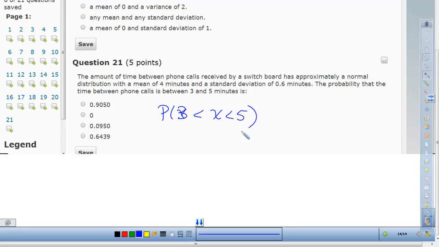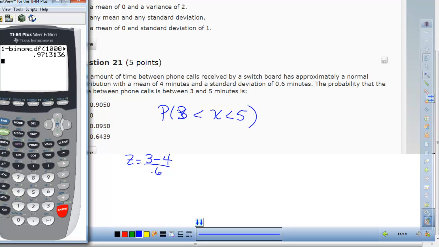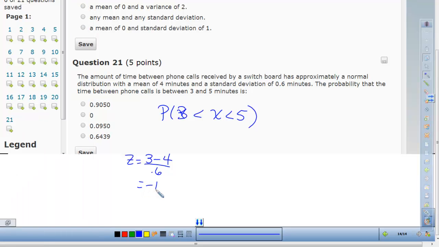Since it's normally distributed, I have to convert both of those values to z-scores. So z equals 3 minus 4 over 0.6, which is negative 1.67.